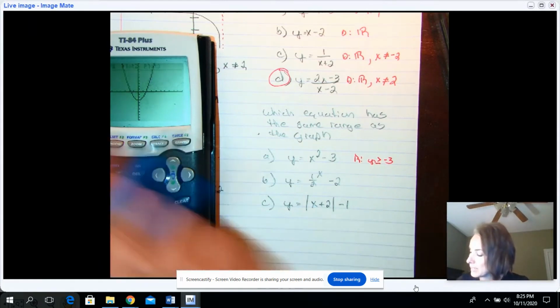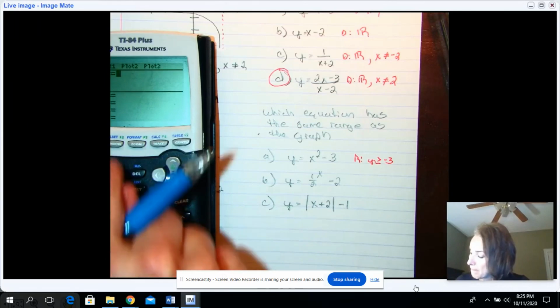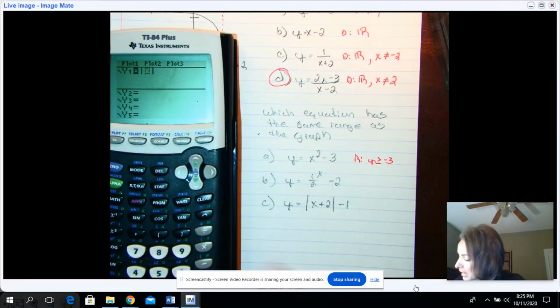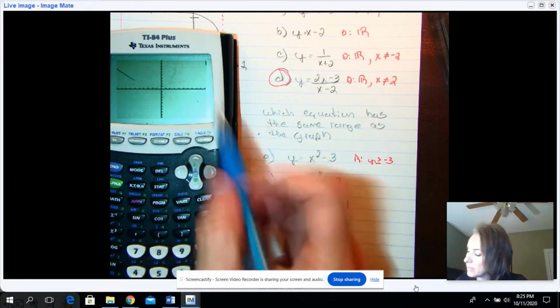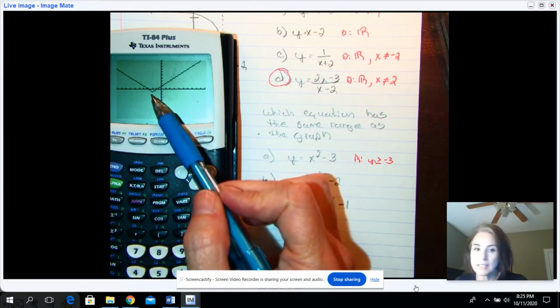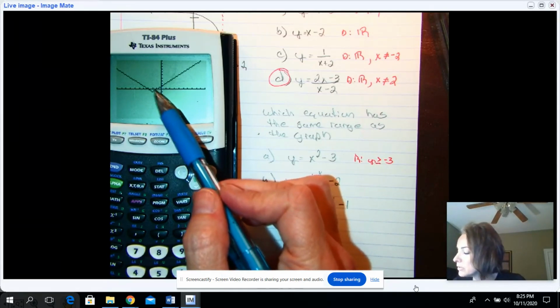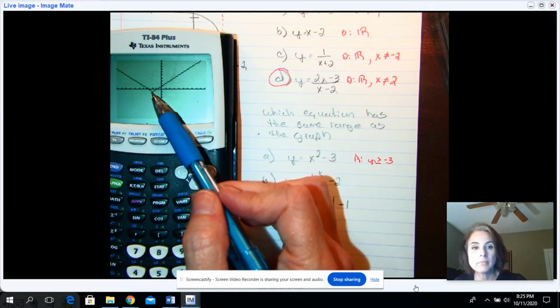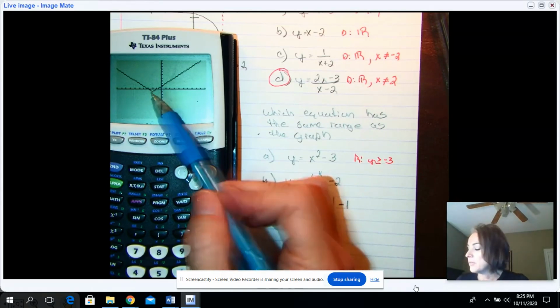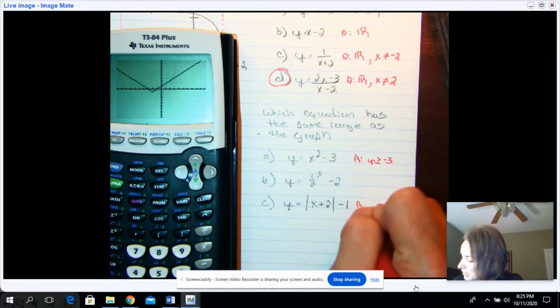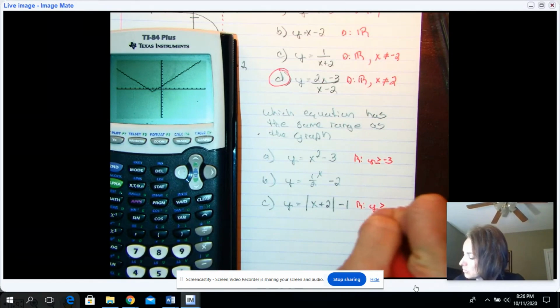If we wanted to put that in the graph, hit math, num, absolute value, x plus 2, and then -1 on the outside. If I look at that graph, you can see exactly what I said. It moved over 2 and down 1. So the range on this one is y is greater than or equal to -1.